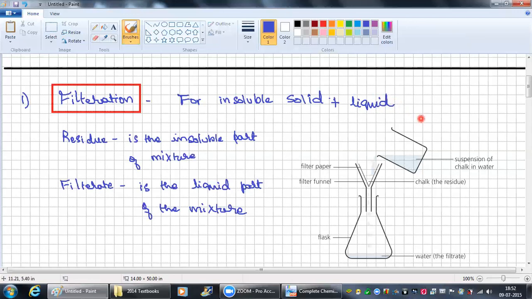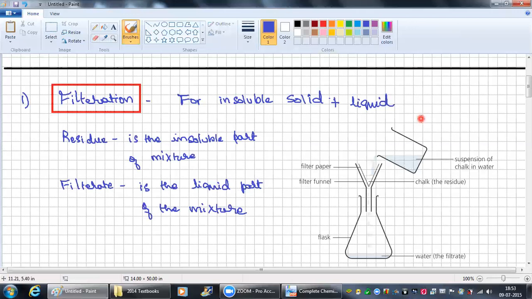Yeah, everyone has finished. We can go ahead. Next part is for soluble solid plus liquid. Now it depends because there are many different methods for a soluble solid in liquid.